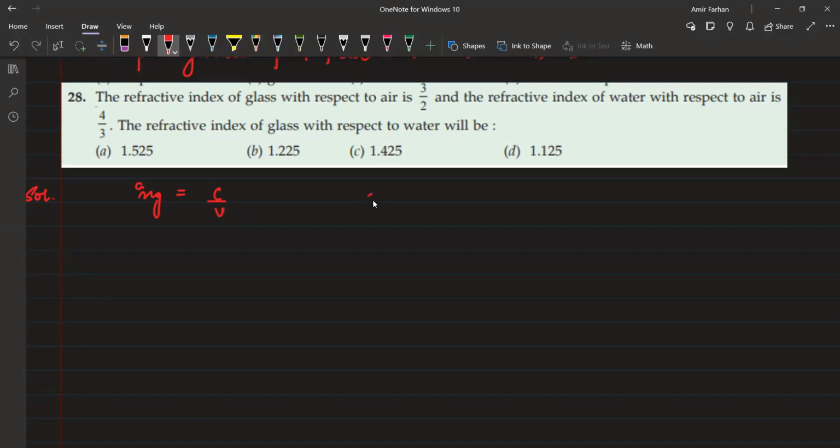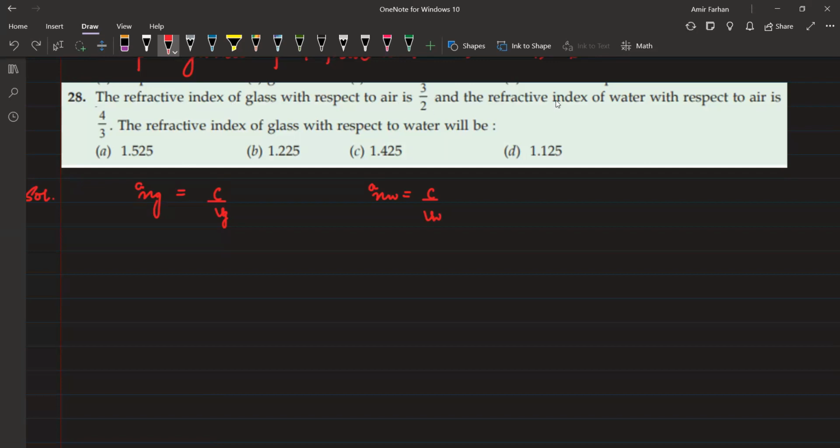And if we talk about the refractive index of water with respect to air, it will be C by V water. Clear, everyone? Any doubt so far to anybody? Please let me know. So this is an absolute refractive index.